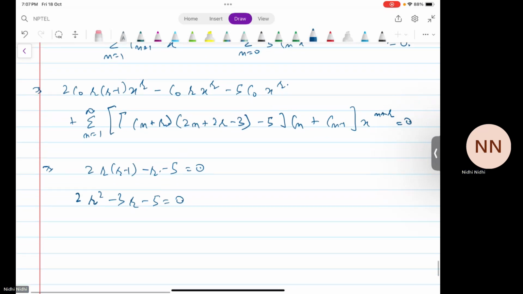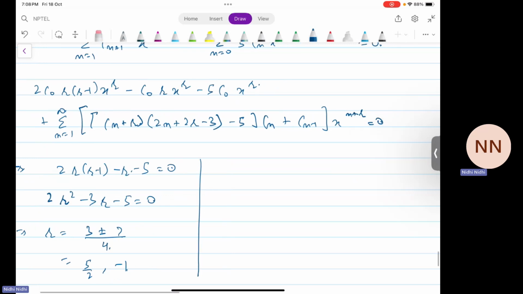So this gives us r is equal to 3 plus minus, the discriminant in this case will be 7 by 4. So this is 5 by 2 and minus 1.